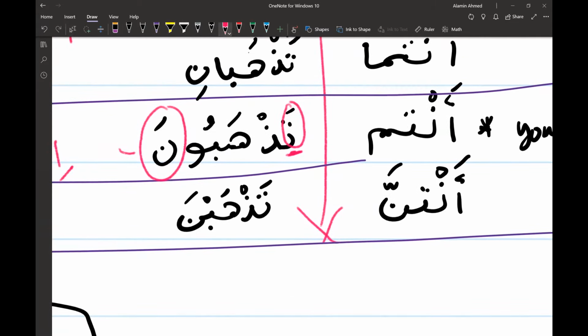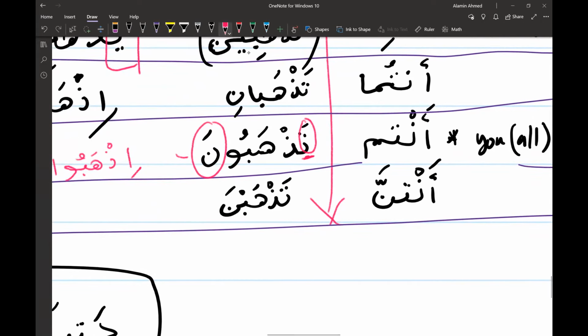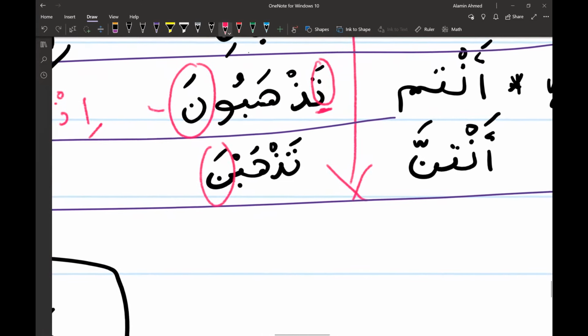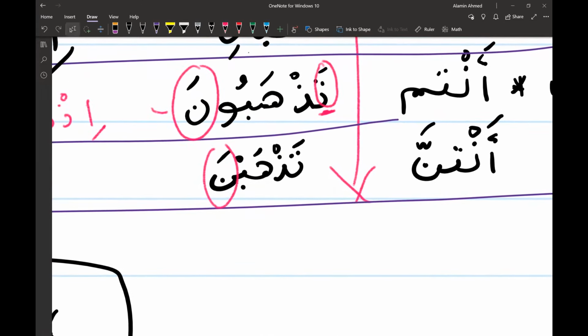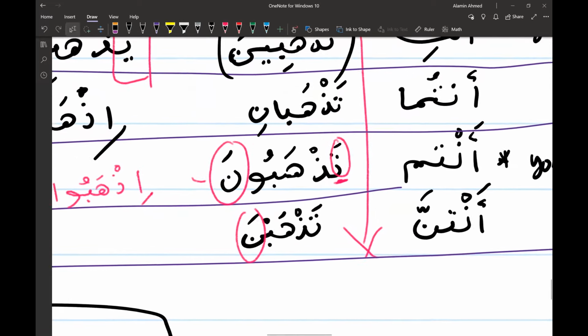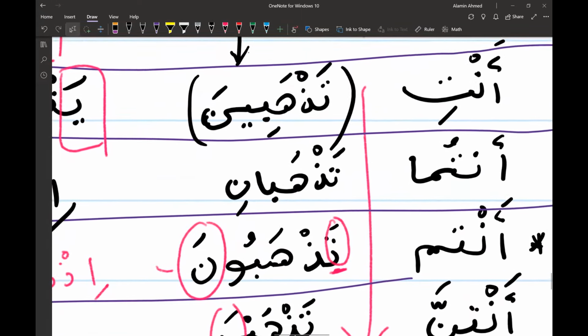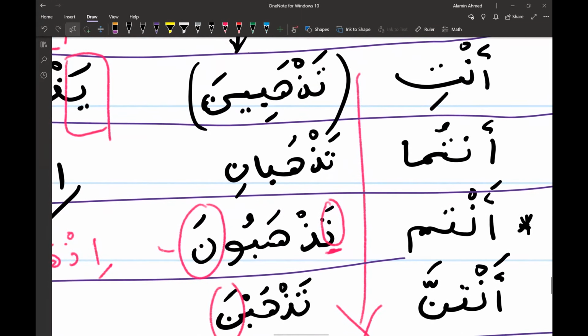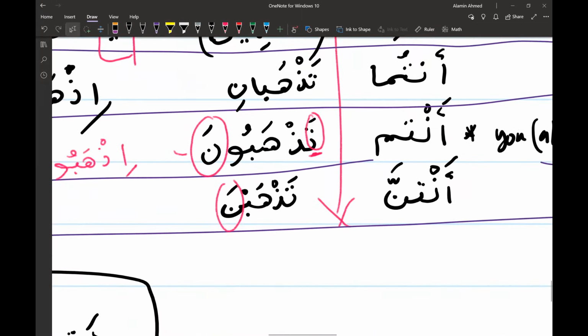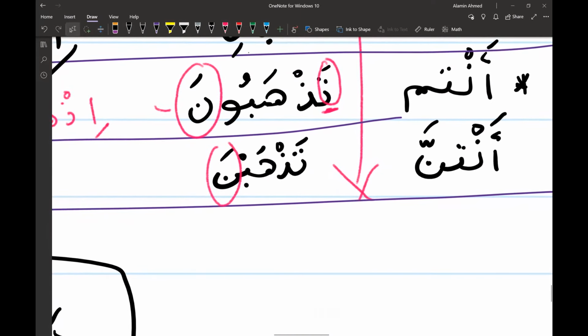Looks like I got my noons. So I got another noon. So that means this is also one of the five verbs, right? We have tadhabani, then you have tadhabina, tadhabuna, tadhabna. It's the same noon. So if you have a noon, then it is one of those five verbs, right?